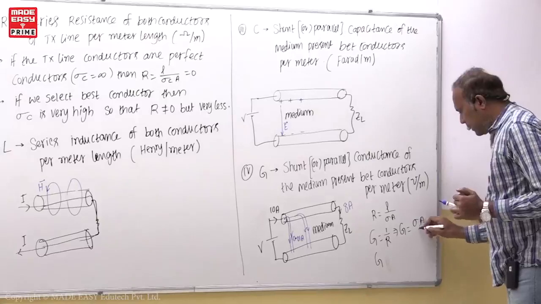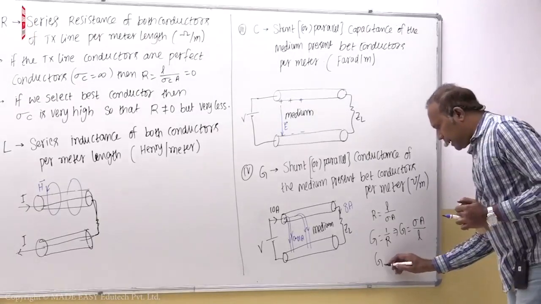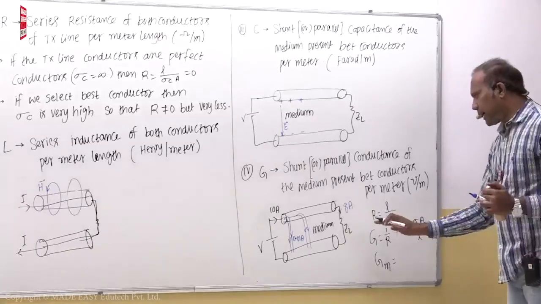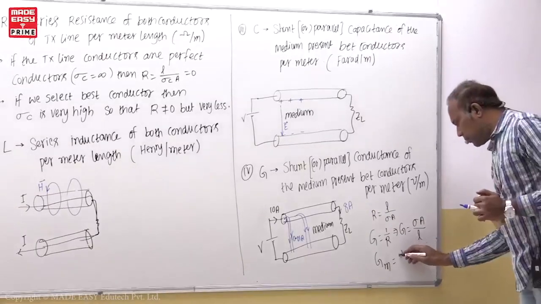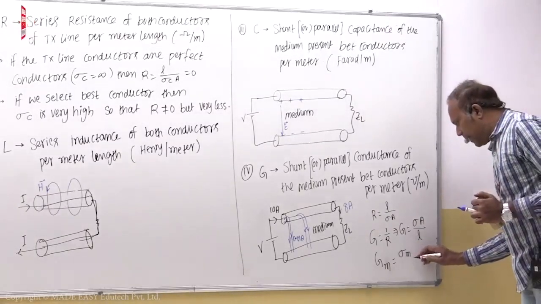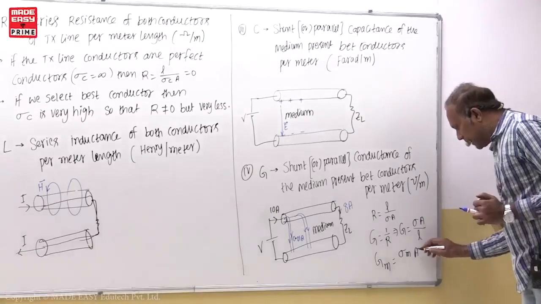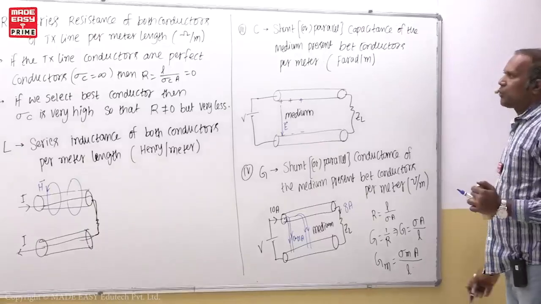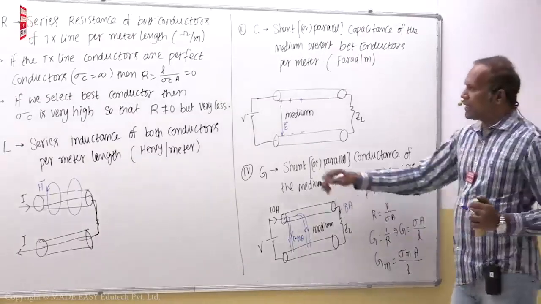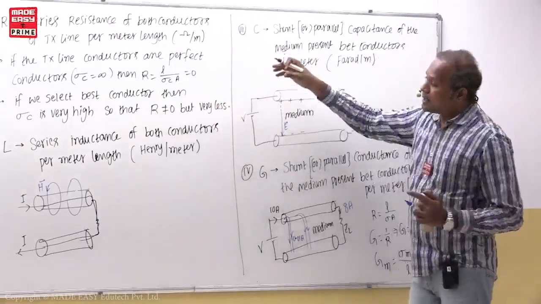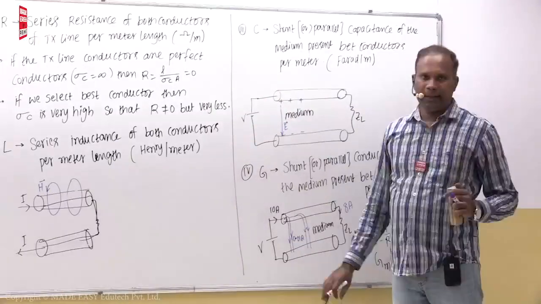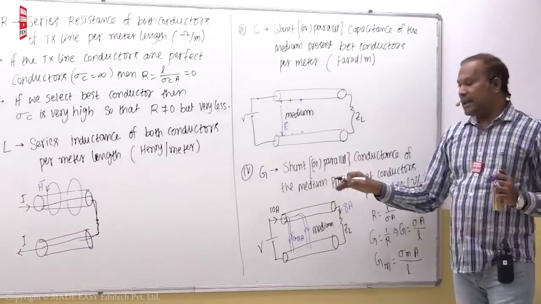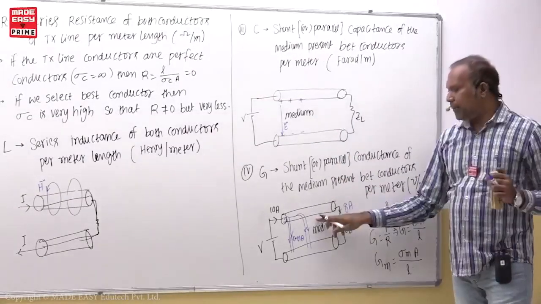Due to I1 current going in the small length vector, a differential magnetic field is produced. That means a small amount of magnetic field is produced. Once again, if I1 current goes in a long conductor, then more magnetic field is produced, that is called H bar. If I1 current goes in a small length vector at point 1 location, then differential magnetic field intensity is produced. The symbol is dH bar.